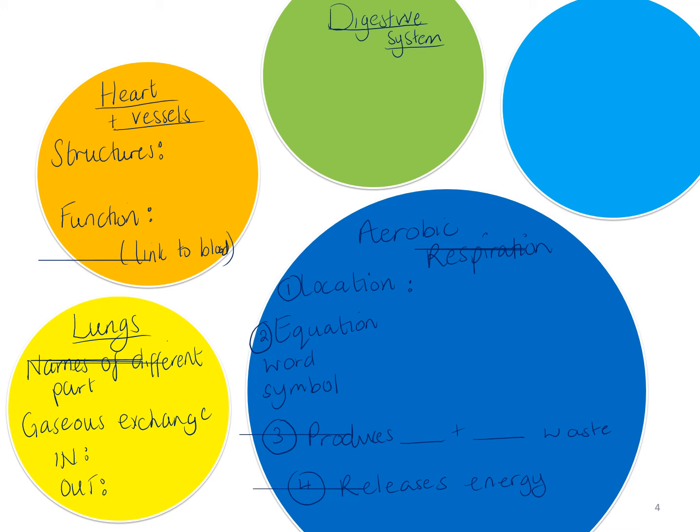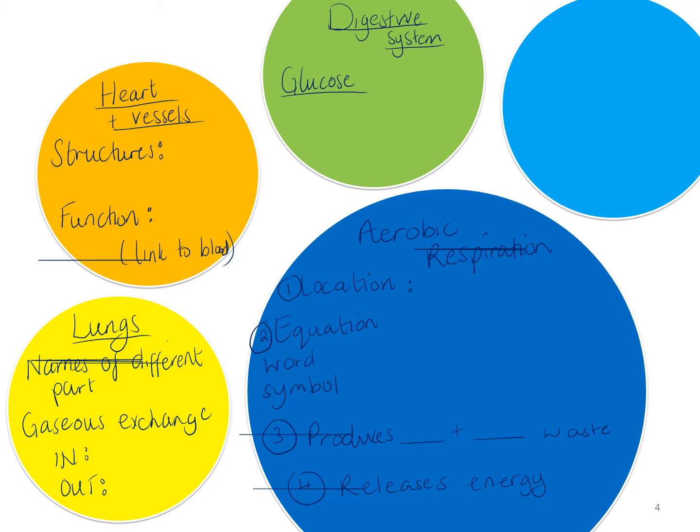So we know that respiration requires glucose and oxygen. The lungs, the heart, the digestive system, they are all linked. Some of them are going to be important for oxygen, the others are going to be important for glucose. Okay, so the digestive system is really important to obtain glucose and make it find its way into the bloodstream.